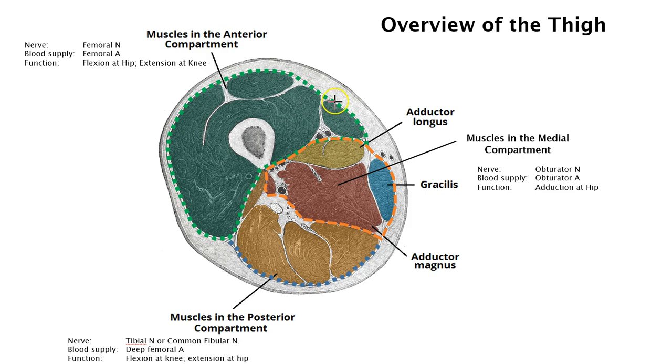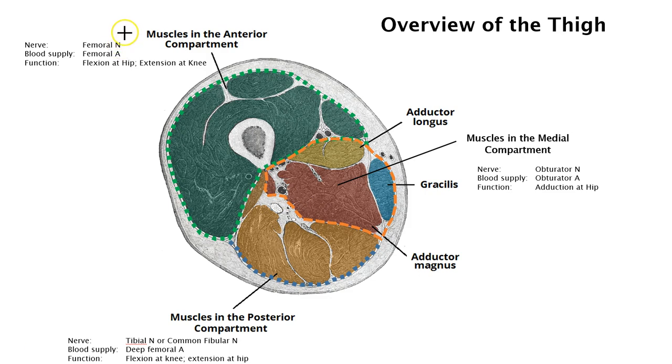So here we can see the fascia lata shown in the green dotted line surrounding the anterior compartment, extending into the blue line surrounding the posterior compartment, then the orange line surrounding the medial compartment, and then the indwellings of the fascia lata forming the various intermuscular septa separating the 3 compartments.